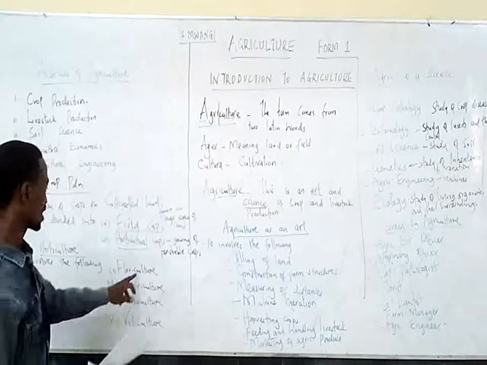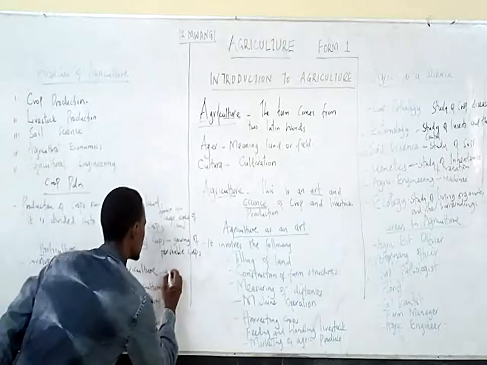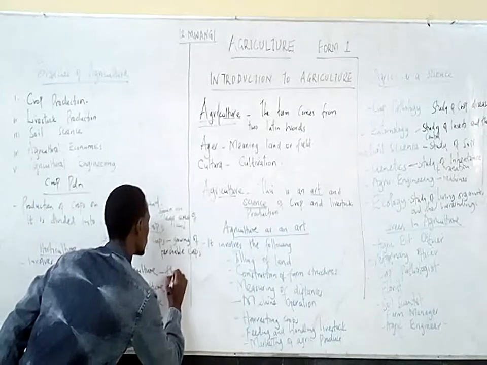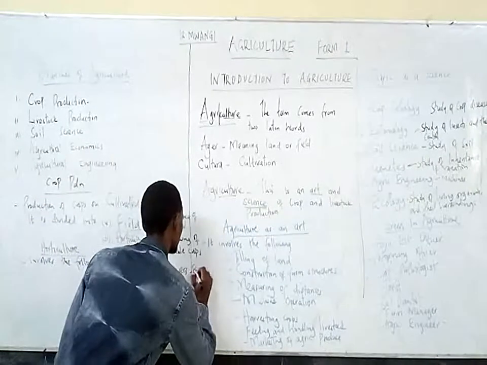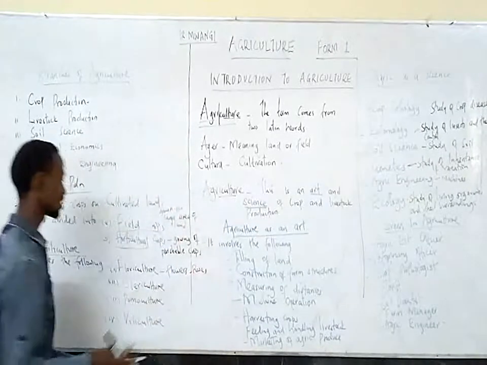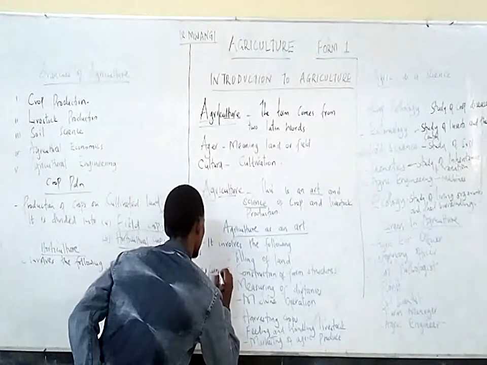So we start by looking at floriculture. This is the growing of flowers, e.g. roses and others like the carnation.